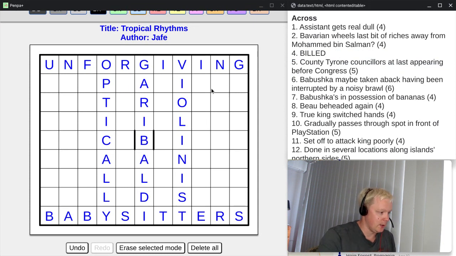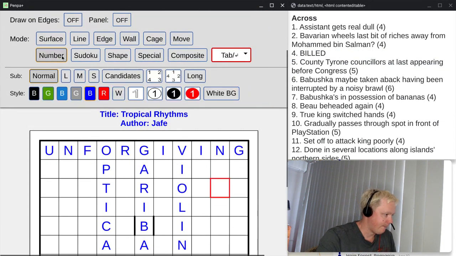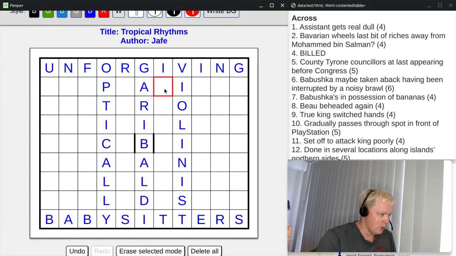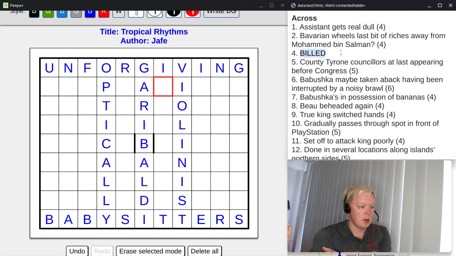Now, should we look immediately where we can put it in the grid? I think we can. So 6 letters, and this is 11 letters total. So this is going to be sharing one of the letters in the central column here. So not going to be this A, not going to be this R. It could be this I from build, B-I-L-L-E-D.